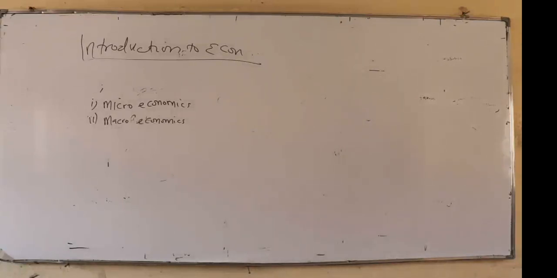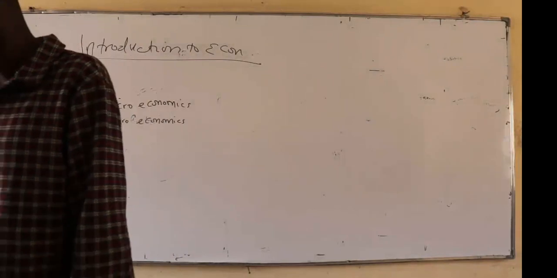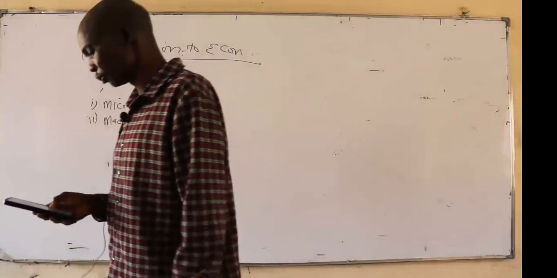So basically, in a way, it is about relative share: what will go where and so forth. So those are basically the three basic questions in economics that relate to resource allocation.